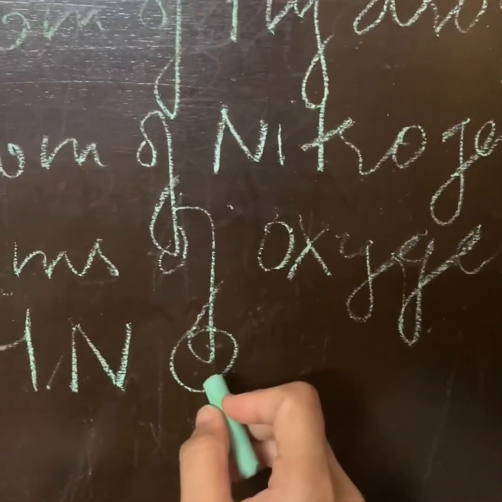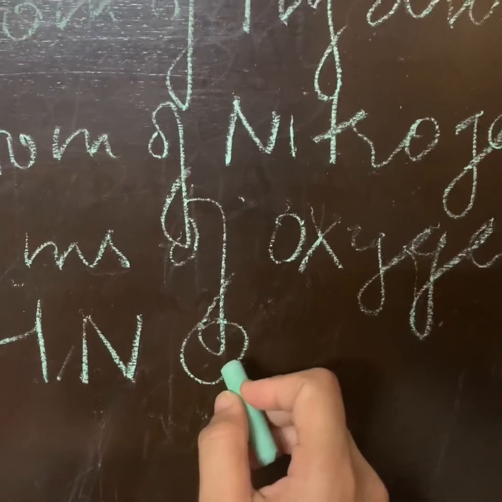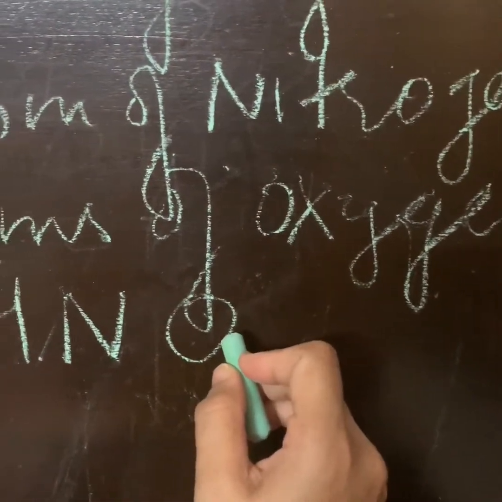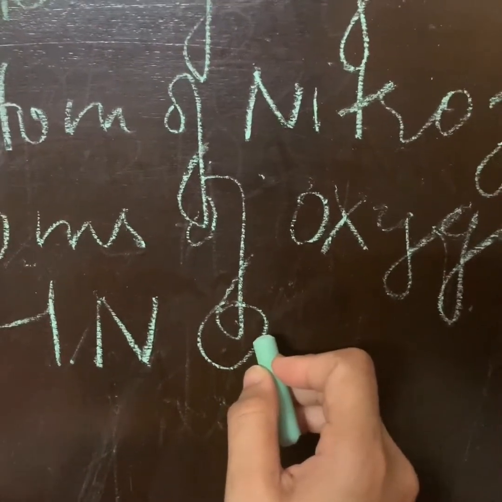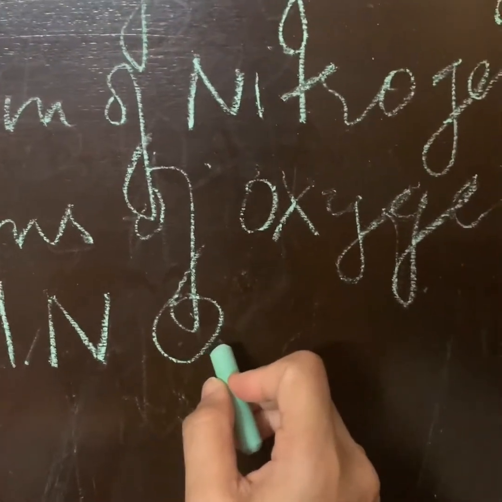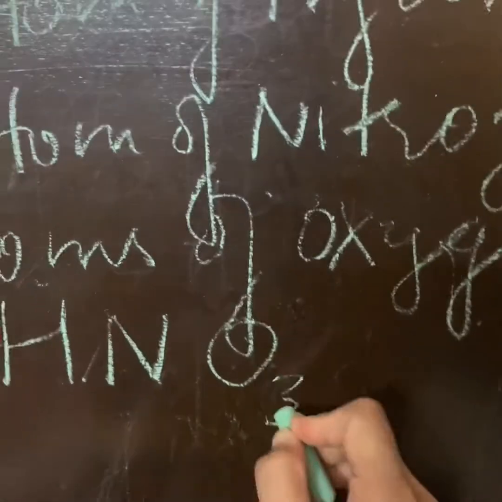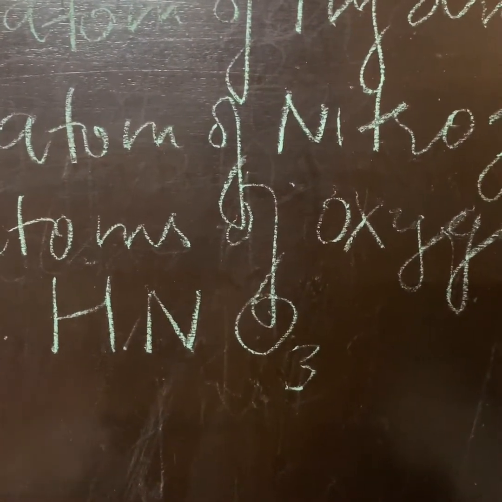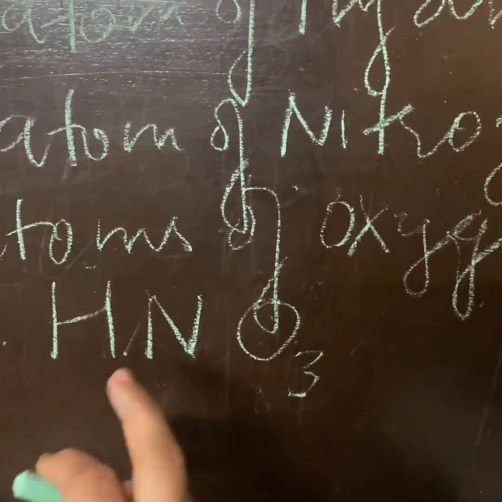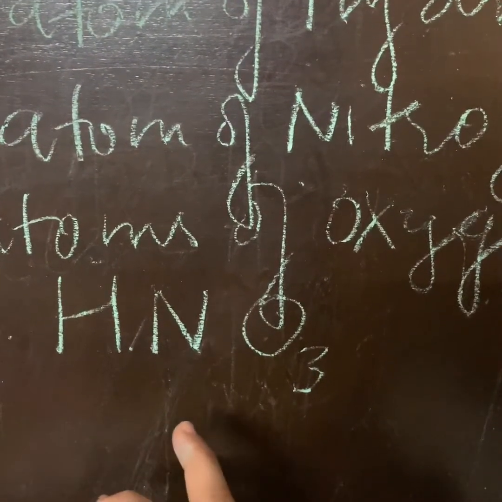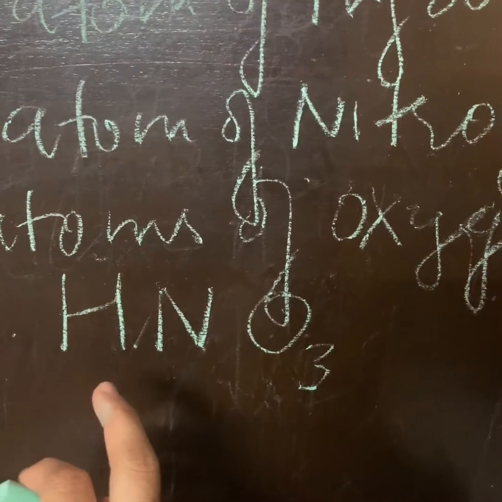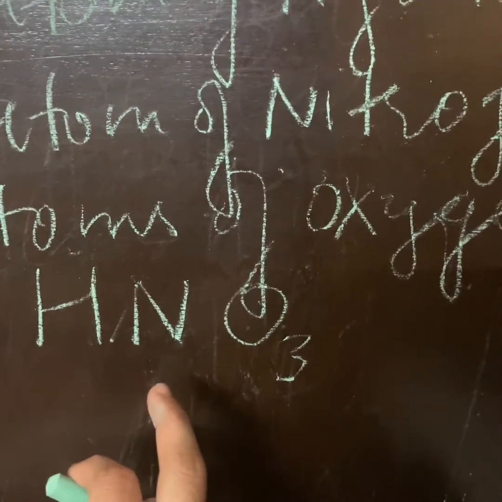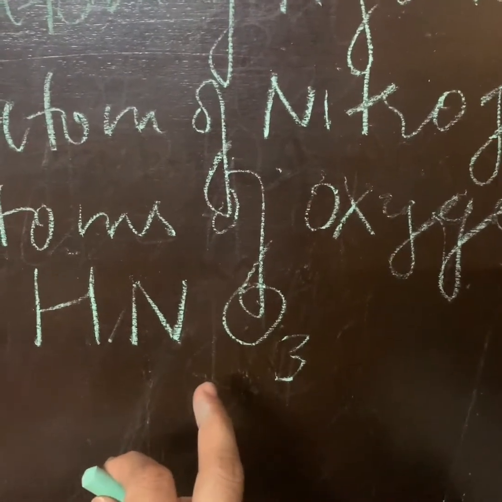So nitric acid contains three atoms of oxygen, and three atoms are written on the right side of the symbol of the element as subscript. So the chemical formula of nitric acid is HNO3. One is not written as a subscript. This chemical formula shows that nitric acid is made up of one atom of hydrogen, one atom of nitrogen, and three atoms of oxygen.